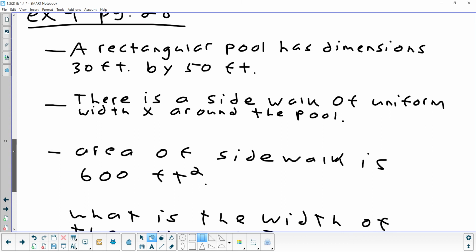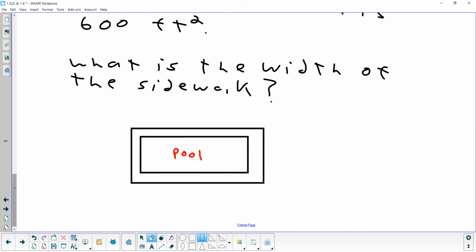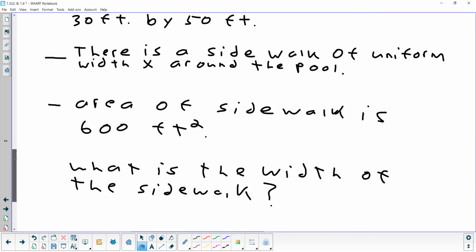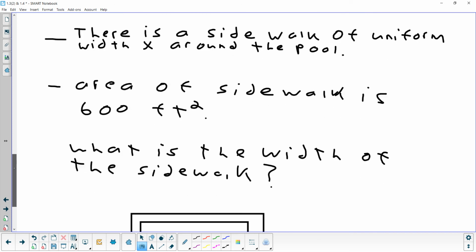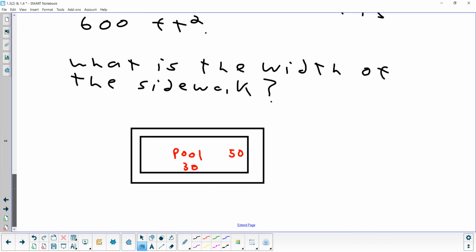Now I know the pool is 30 by 50. So we can put 30 by 50. And there's a sidewalk around the pool that has a width of x. So this width, I'm going to put it outside. I'm just trying to put it in a spot that doesn't look confusing. So this width of the sidewalk from here to here is x.